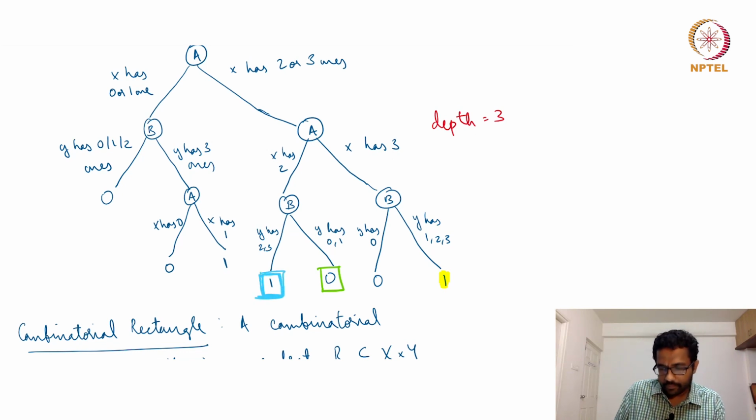When do we reach here? Which input pairs reach this leaf? The input pairs that reach this leaf are those where Alice has 2 or 3 ones, and then further refined by Alice having 2 ones, and then Bob has 2 or 3 ones. So Alice has 2 ones and Bob has 2 or 3 ones.